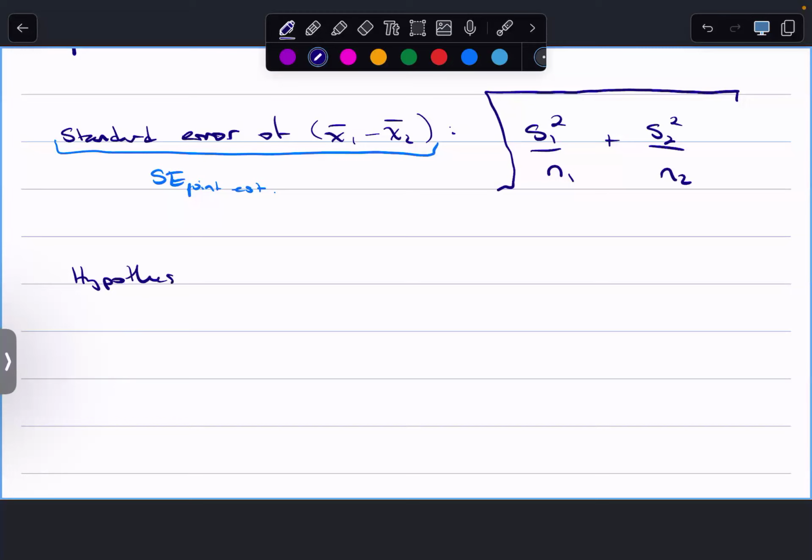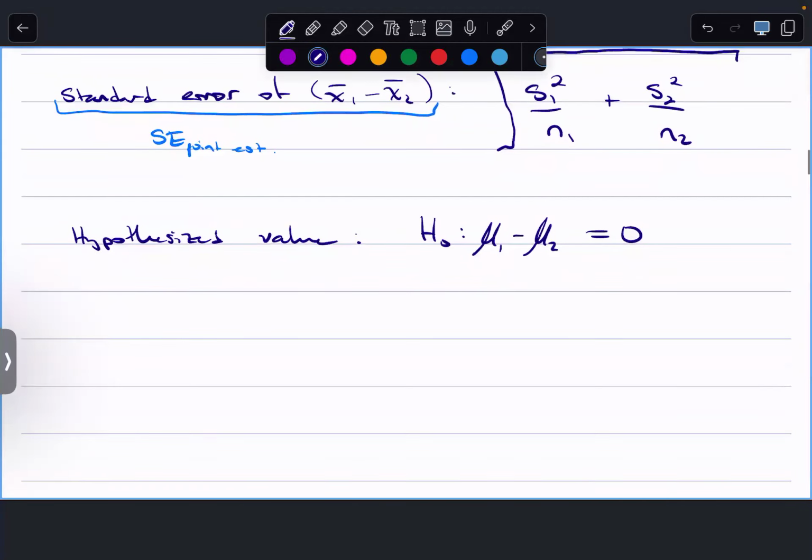Well, my null hypothesis will be that mu1 minus mu2 is equal to 0. I'm going to assume that they're the same until I have proof otherwise, right? So my hypothesized value is 0. A hypothesized difference, I guess, is 0.